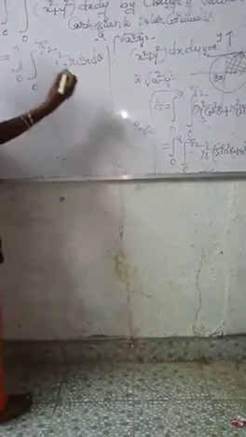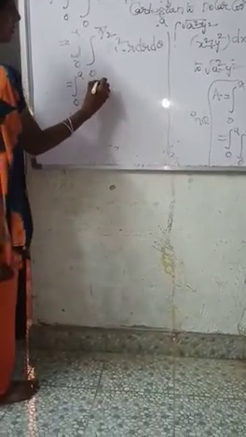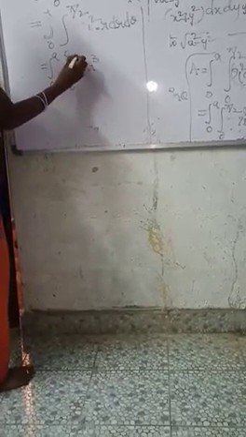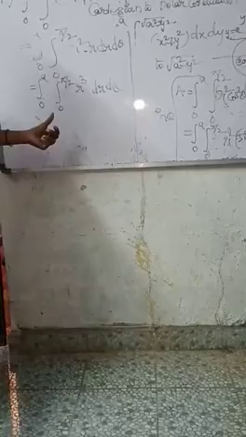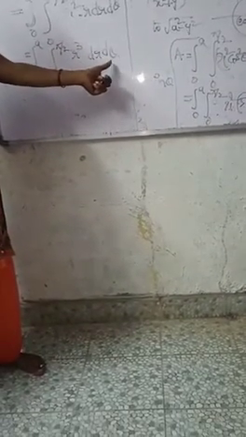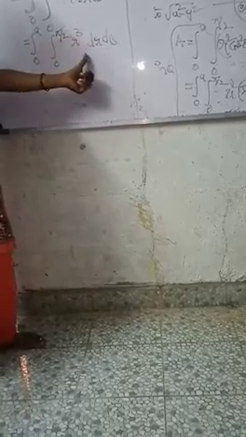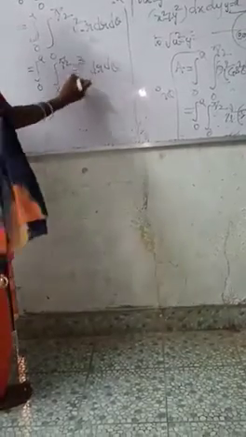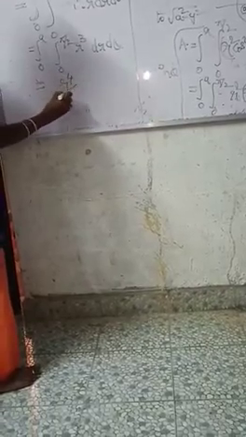Next, integral of 0 to a, again integral of 0 to pi by 2 of r cube dr d theta. Here the integral from 0 to pi by 2 is with respect to d theta, and r cube dr is integration with respect to r. Integrating r cube gives r power 4 by 4.